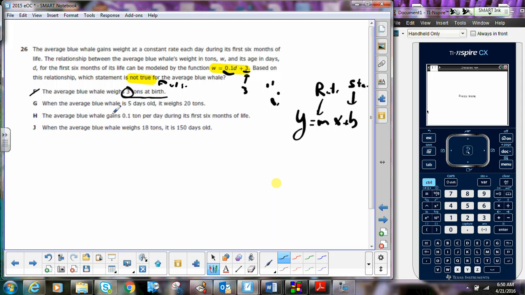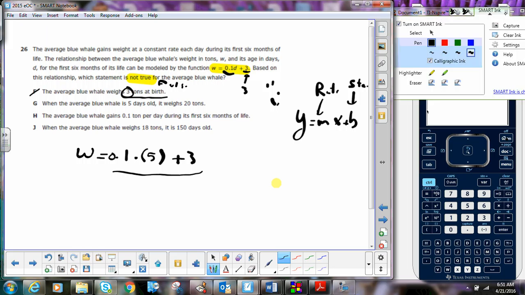We're looking for the false statement. When the average blue whale is 5 days old, it weighed 20 tons. Let's see. The weight is 0.1 times the number of days, plus 3. They told you 5 days. So let's use this equation to see how much this whale weighs at 5 days.